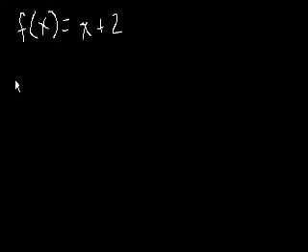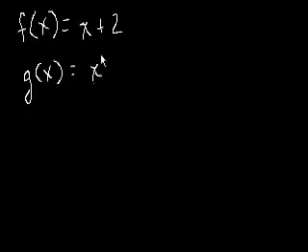So if I were to tell you that I had one function called f of x is equal to x plus 2, and I had another function, g of x, is equal to, let's say, x squared minus 1.